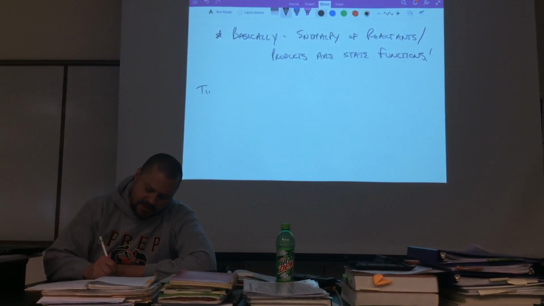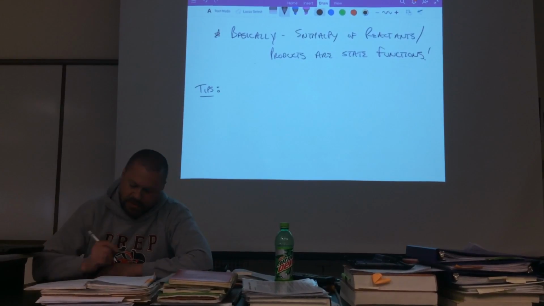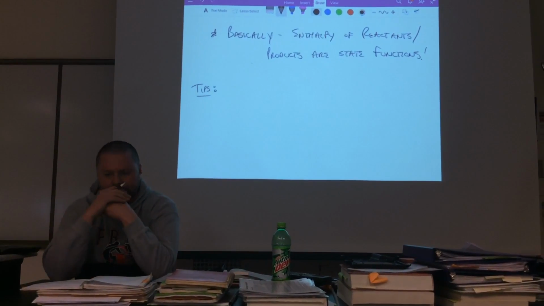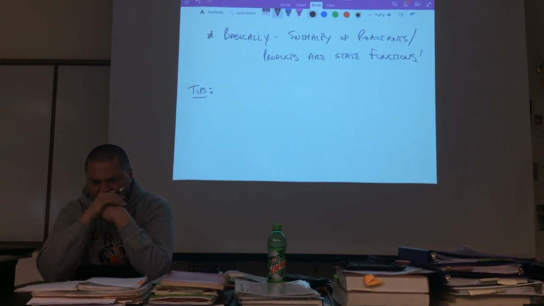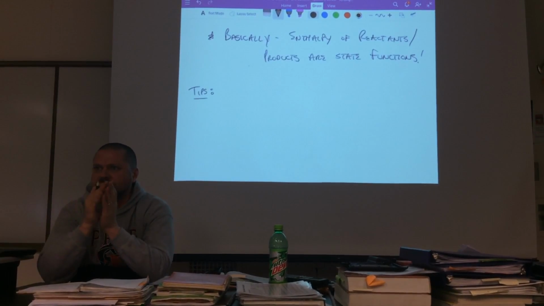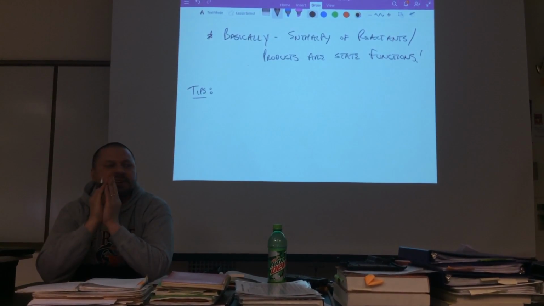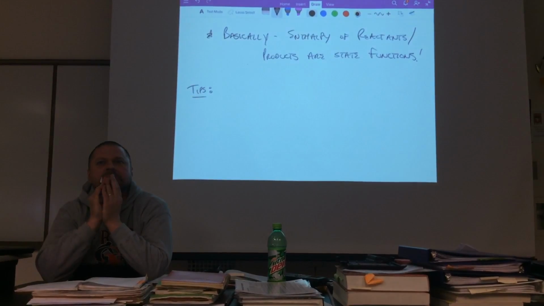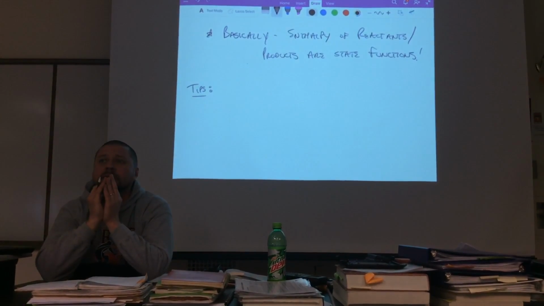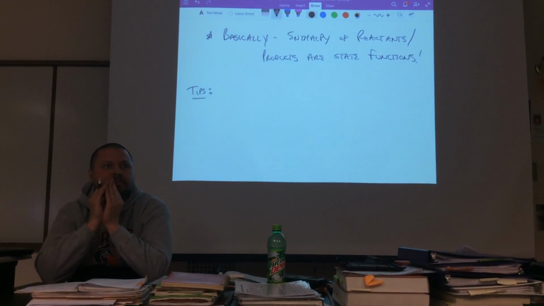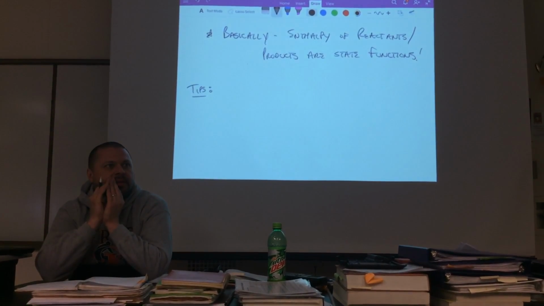Little tips here for what we're going to do going forward. Let's say we have a sign for delta H. That sign tells me what? Positive or negative. Okay. Endothermic or exothermic. Is everybody good with that? What's endo?